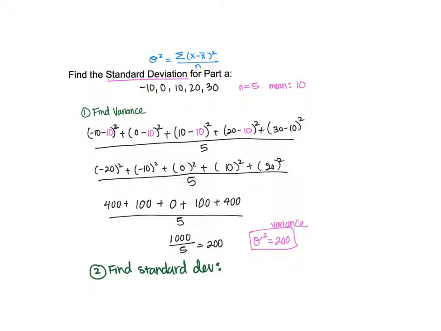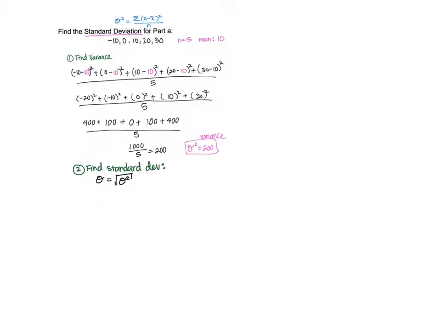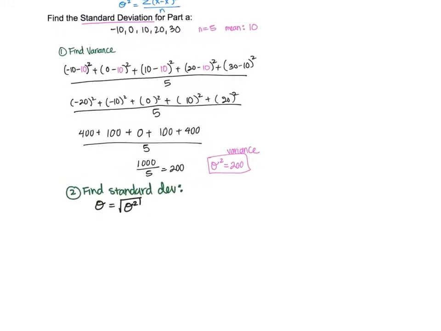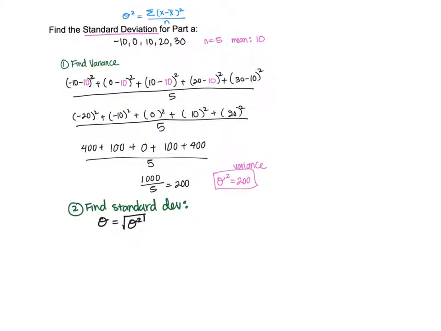So standard deviation is taking the square root of the variance, sigma squared. So if I take the square root of this guy here, that's going to be the square root of 200.